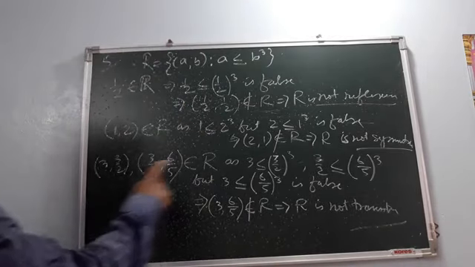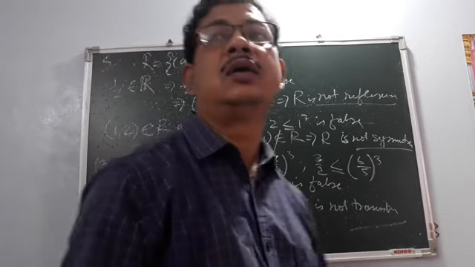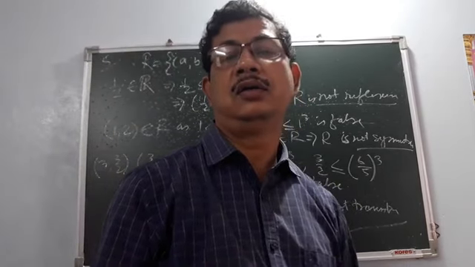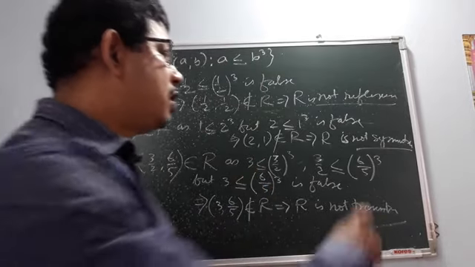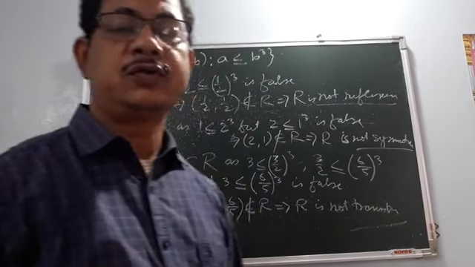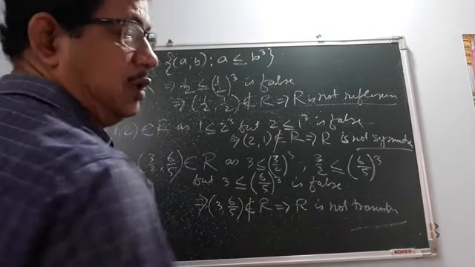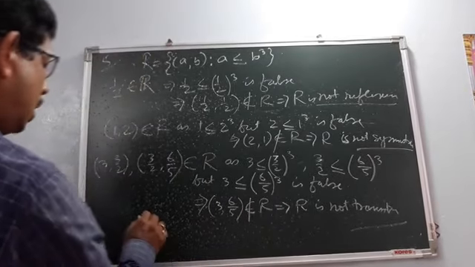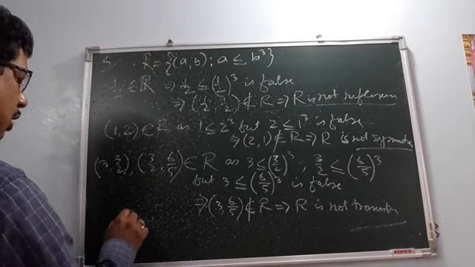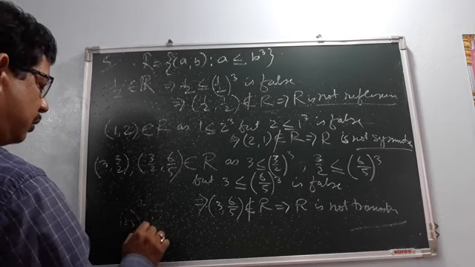So this is valid because 27/8, if you divide 27 by 8, it is 3 point something, so of course it is correct. 216/125 is of course greater than 1.5. So these are valid, but this one is not valid because it is less than 3. 216 divided by 125 is hardly 1 point something.